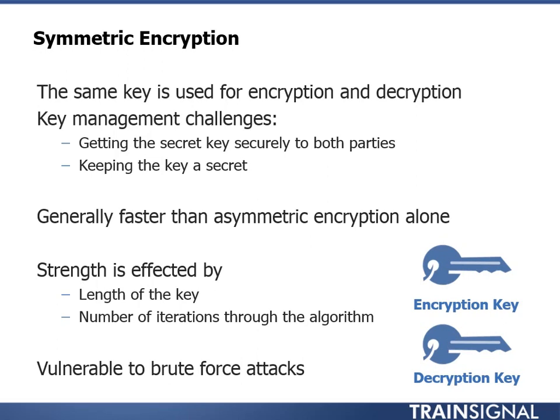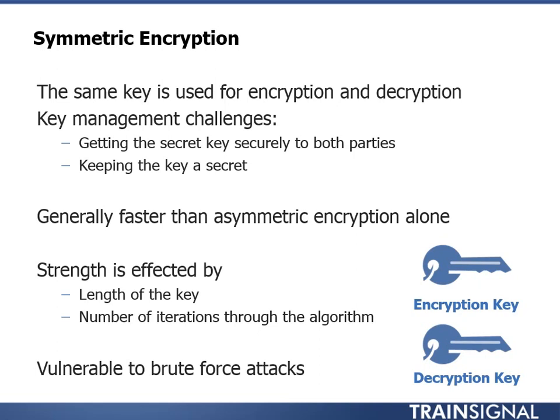Symmetric encryption is very, very fast compared to the alternatives. The strength of symmetric encryption is determined by a couple of different factors, and the most important is the length of the key. So you'll often hear about encryption algorithms bragging about their key length: 64-bit, 128-bit, 164-bit, 256-bit encryption.